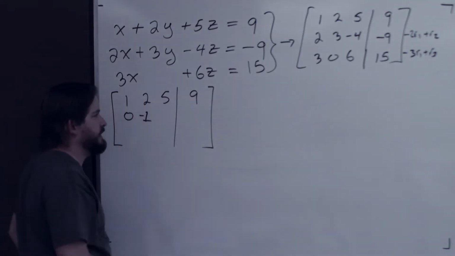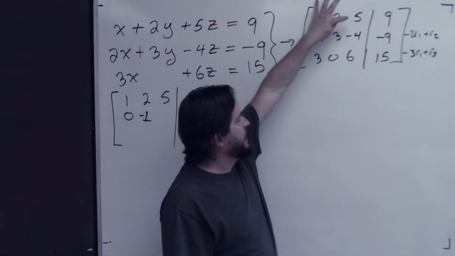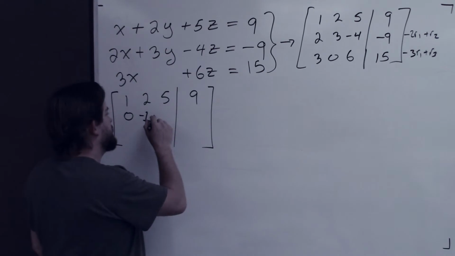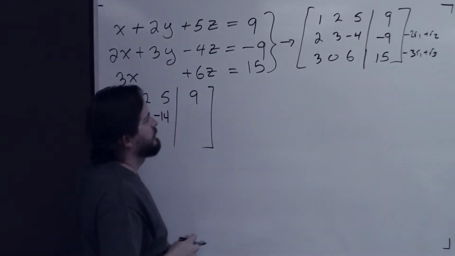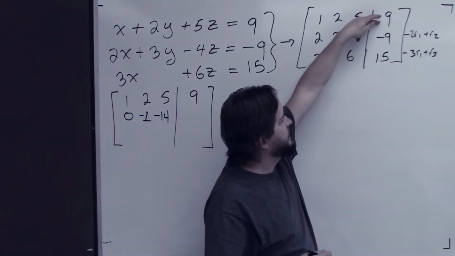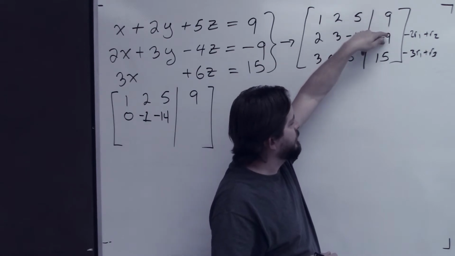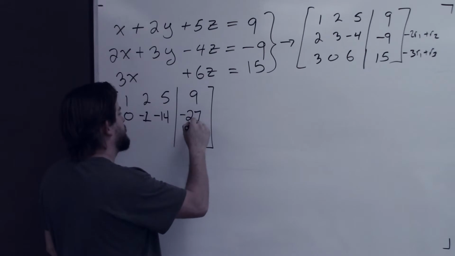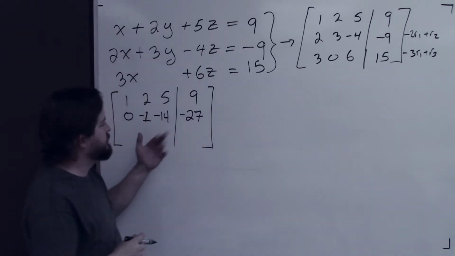This is math. Math's hard. Last time I actually checked. -2 times 5 is -10, and -4 more is -14. And then -2 times 9 is -18, and minus 9 more is -27. Okay. That's my row 2.